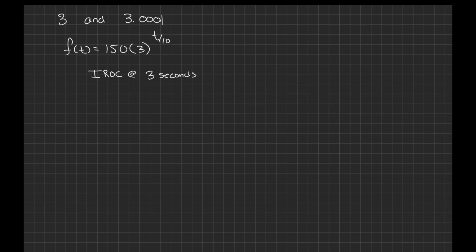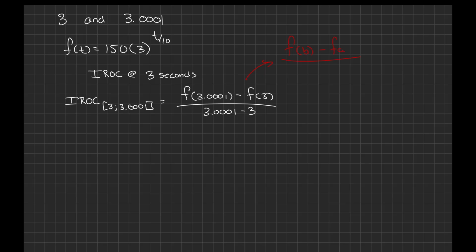And so to do that, we're going to first write out the equation. So 3 and then 3.0001. And that's equal to f of 3.0001 minus f of 3 over 3.0001 minus 3. And that, of course, is pulled from our f of b minus f of a over b minus a.